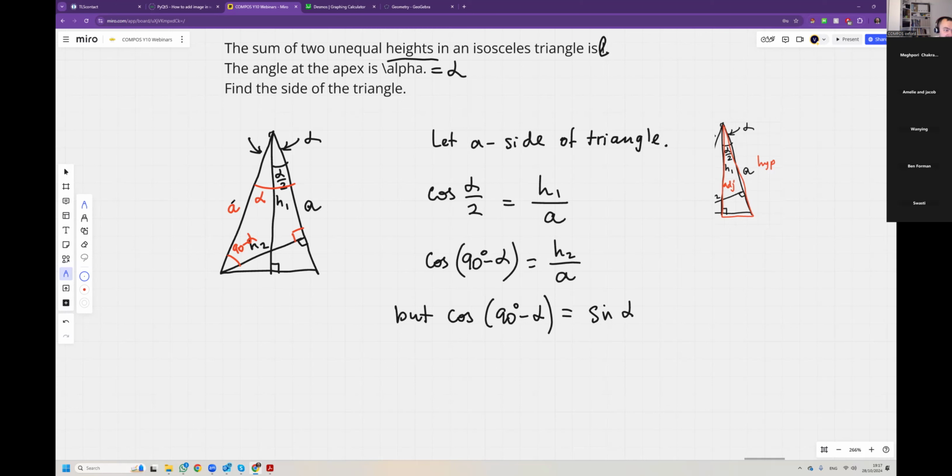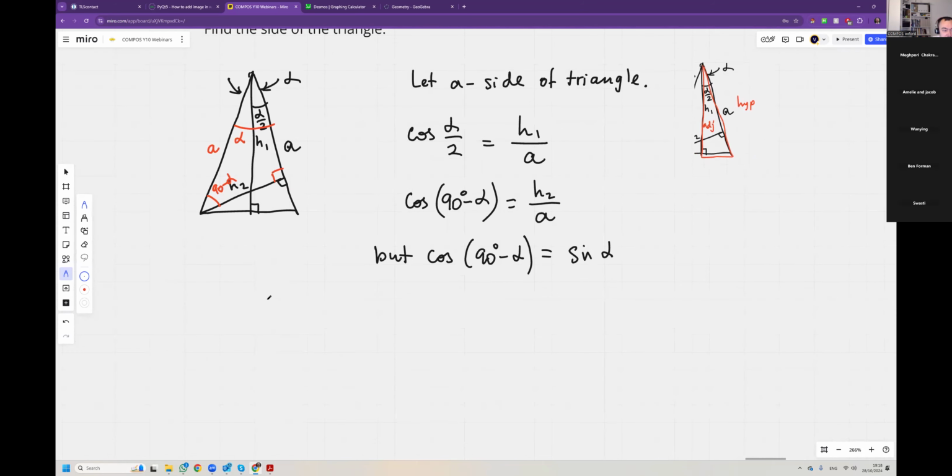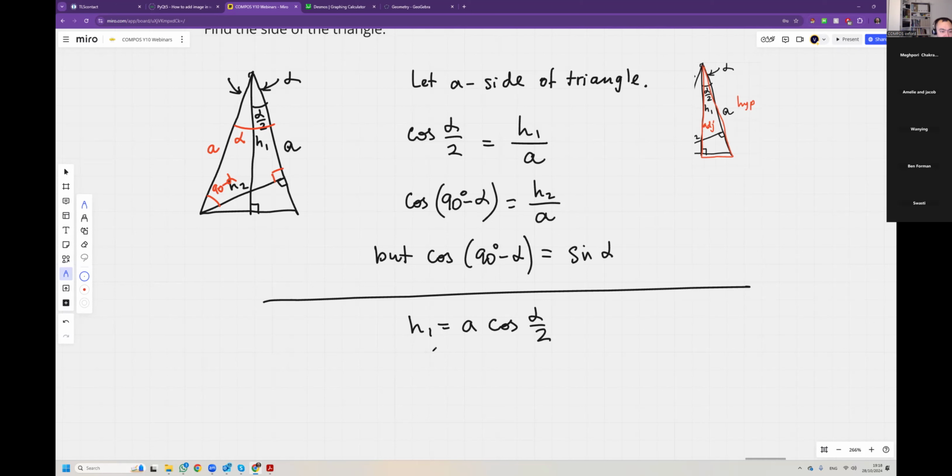And actually, you can use sine alpha is H2 over A, which is also true. Okay, so what do we have? We have that H1 is A multiplied by cos alpha over 2, and H2 is A multiplied by sine alpha.